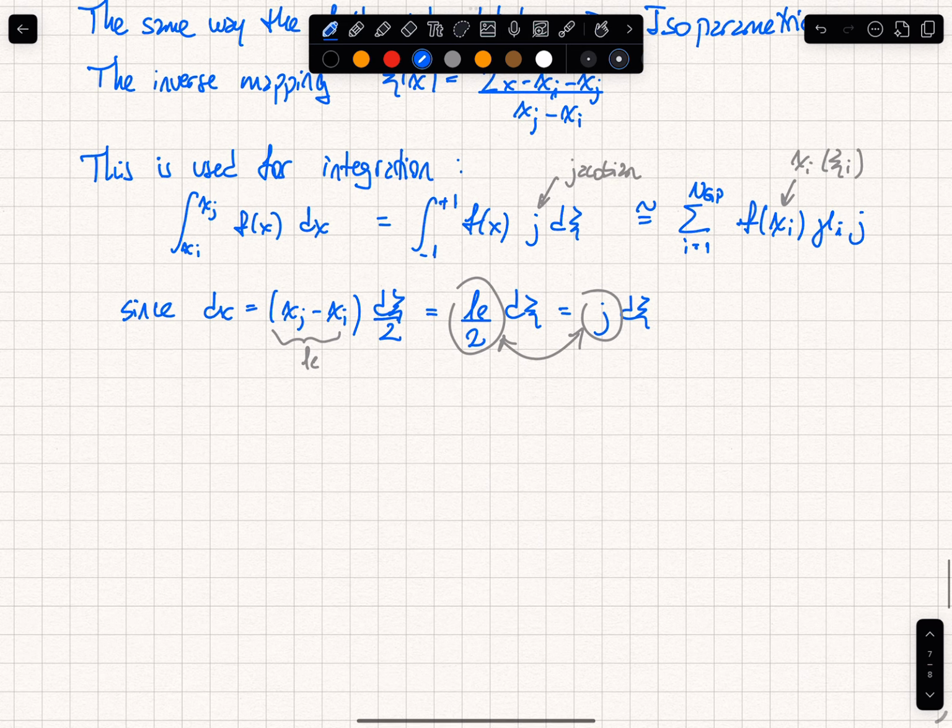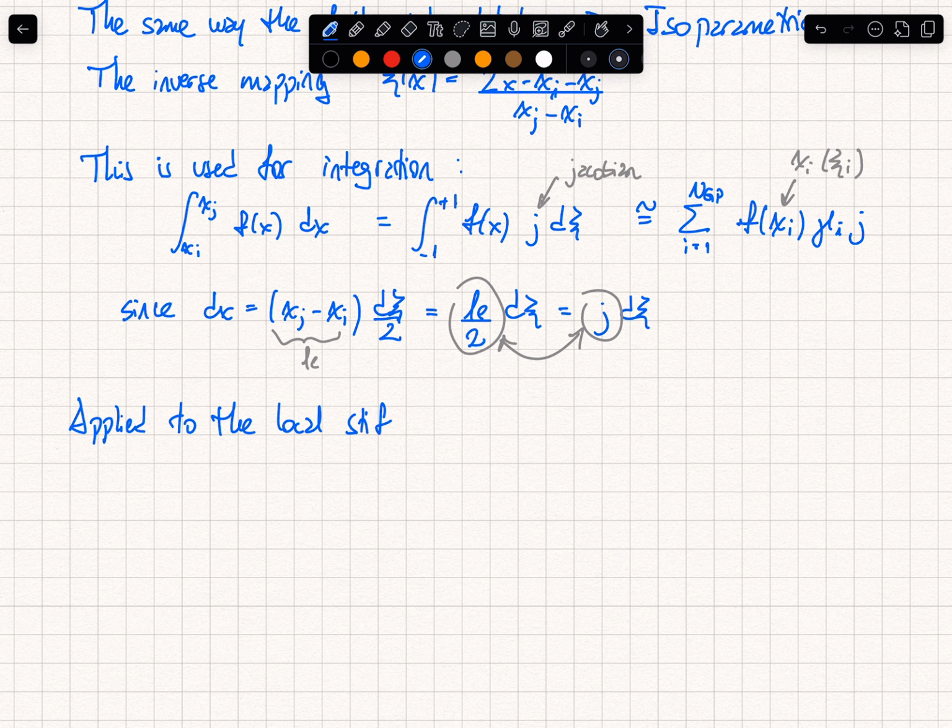Okay, but let's apply this to a concrete case, and a concrete case is our stiffness matrix for the element. If you remember, the expression was our lowercase ke, the integral between xi and xj of EA d phi dx transpose d phi dx.